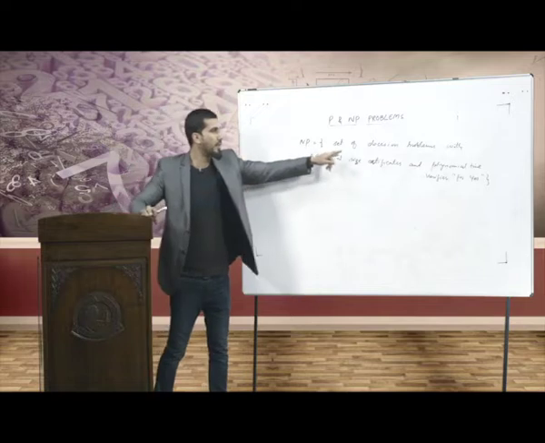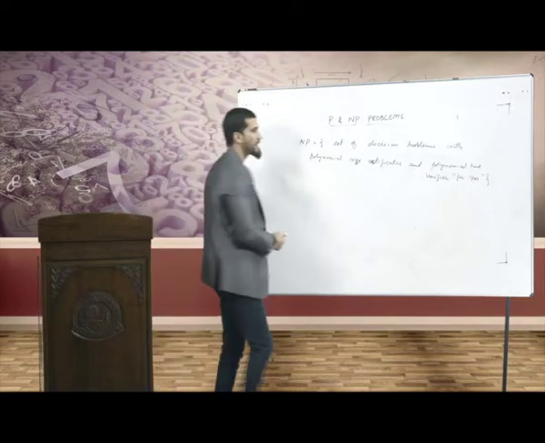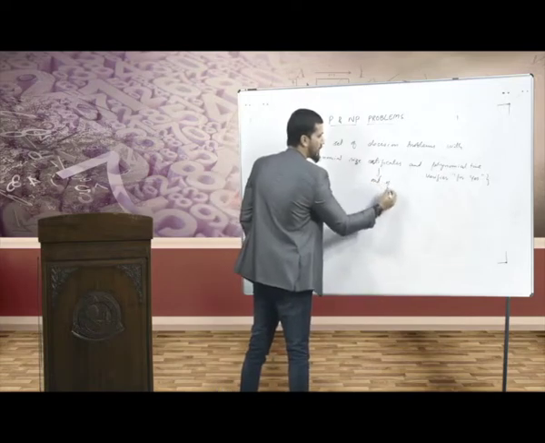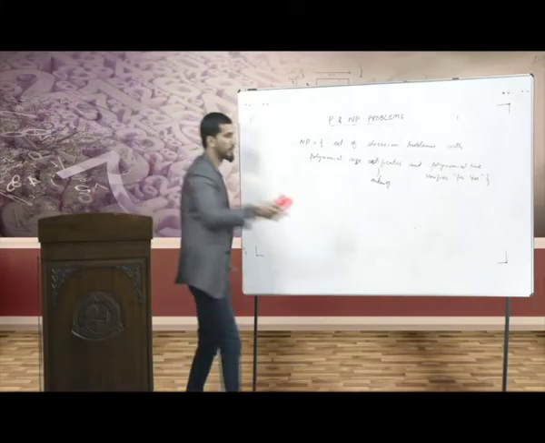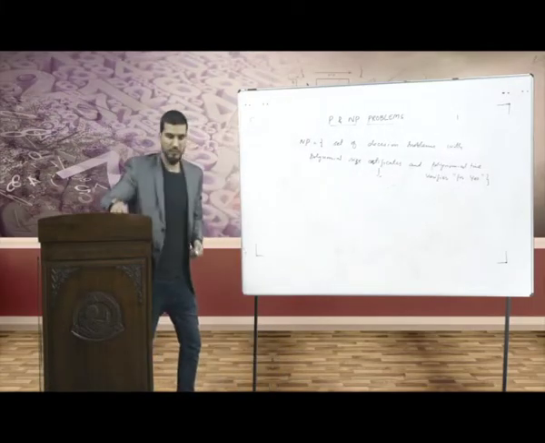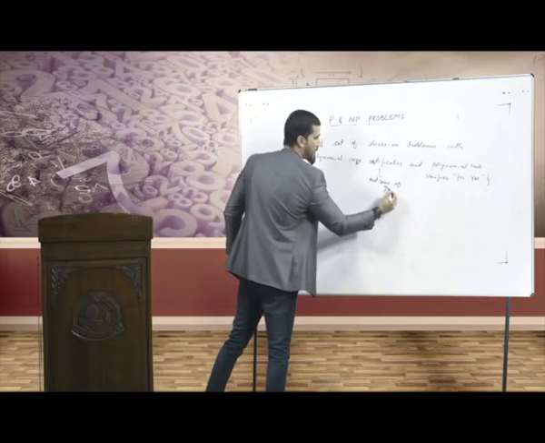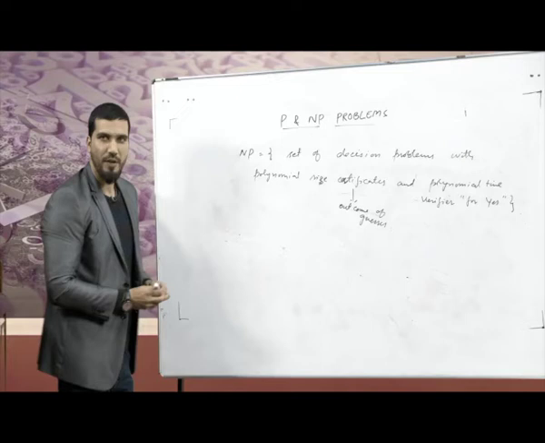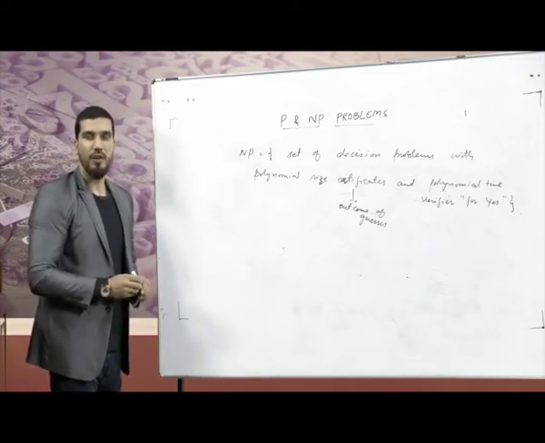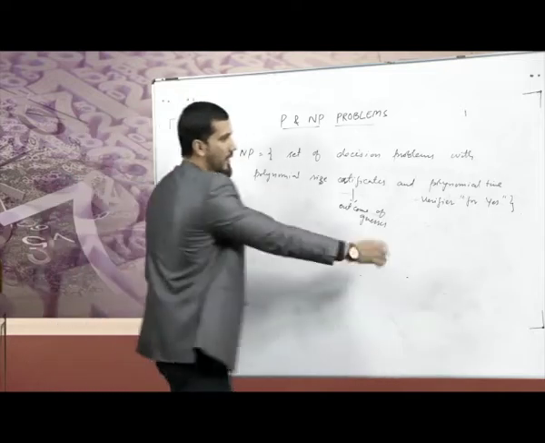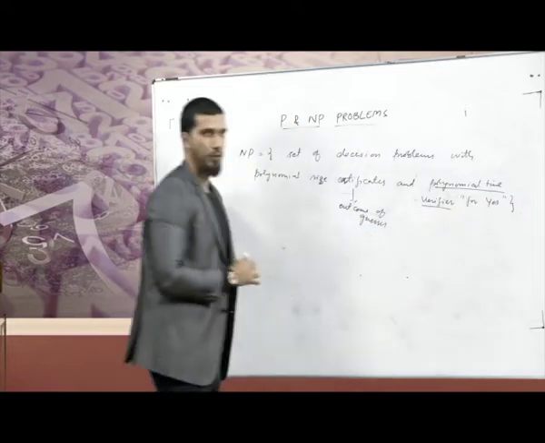By certificates I mean the outcome of guesses. These outcomes have to be of polynomial size. They cannot be of exponential size. And we also have a polynomial time verifier for yes outputs.